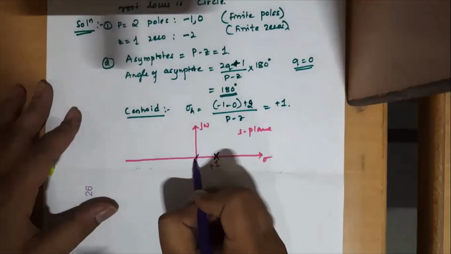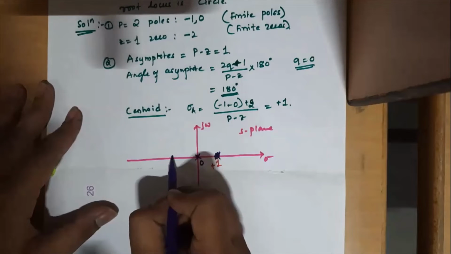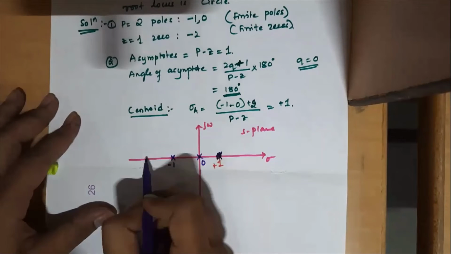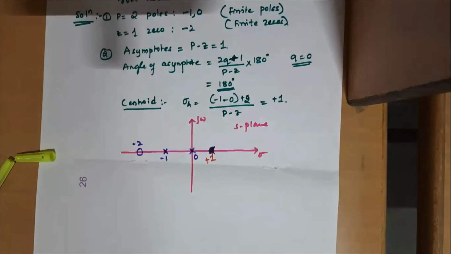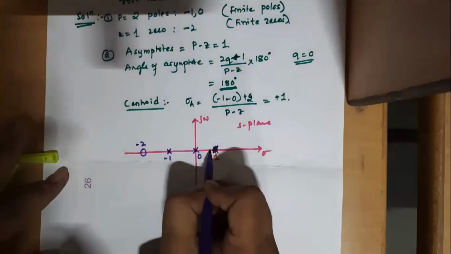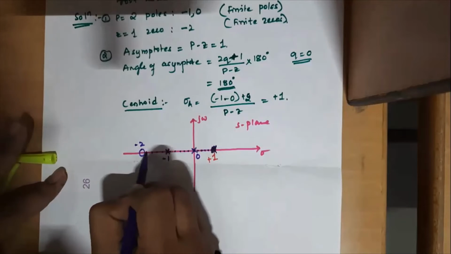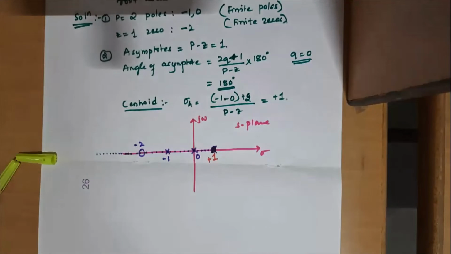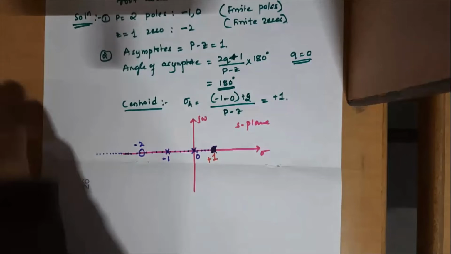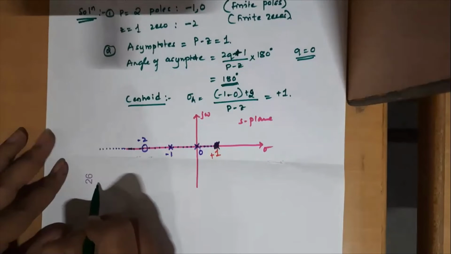Then we have a pole at 0, a pole at -1, then a zero at -2. Then if you want to represent centroid, you draw the 180-degree line. This dotted line is a reference line for us to draw the root locus branch which ends at infinity. How the branches start, all those things we'll look into in the next part.